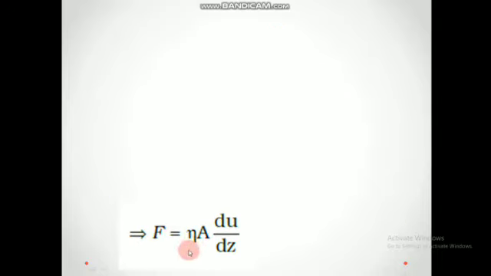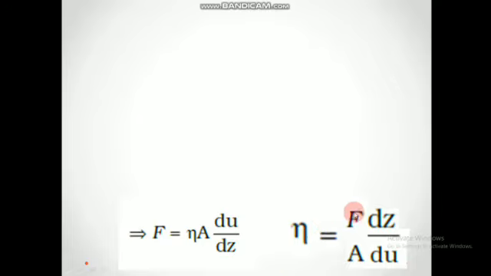We take the terms to this side, it becomes 1 by eta is equal to A du by F dz. If we want eta instead of 1 by eta, we take the reciprocal. Hence, eta is equal to F dz by A du. So this is the equation for eta.